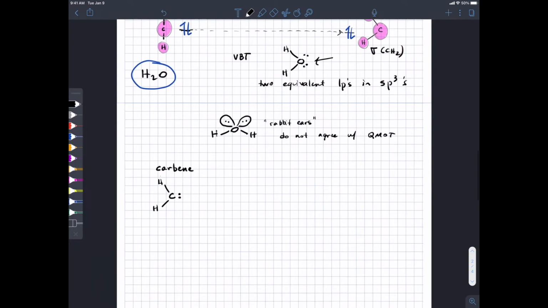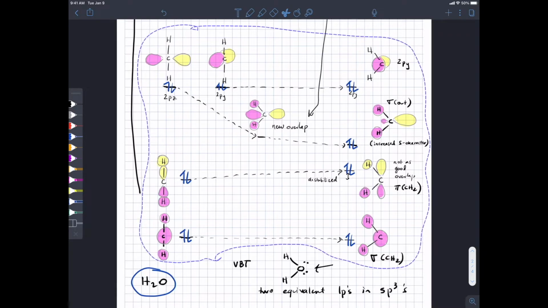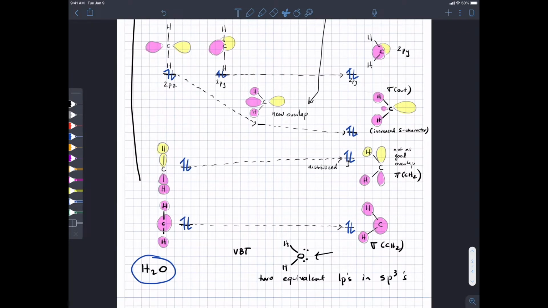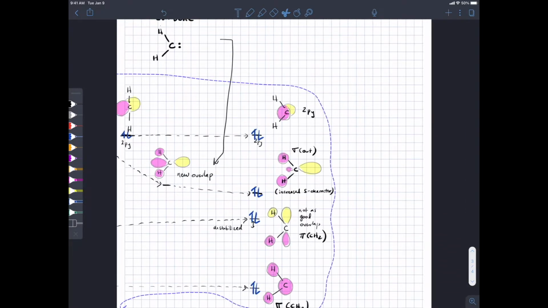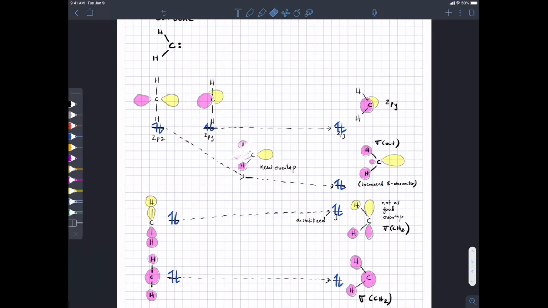Let's take the orbital picture we just did. I'm going to copy it again. If you're wanting to follow along in your notes, don't worry about drawing the orbitals, just draw the lines where we have them and put the names nearby them. And for simplicity, I'm going to erase this stage in the middle.